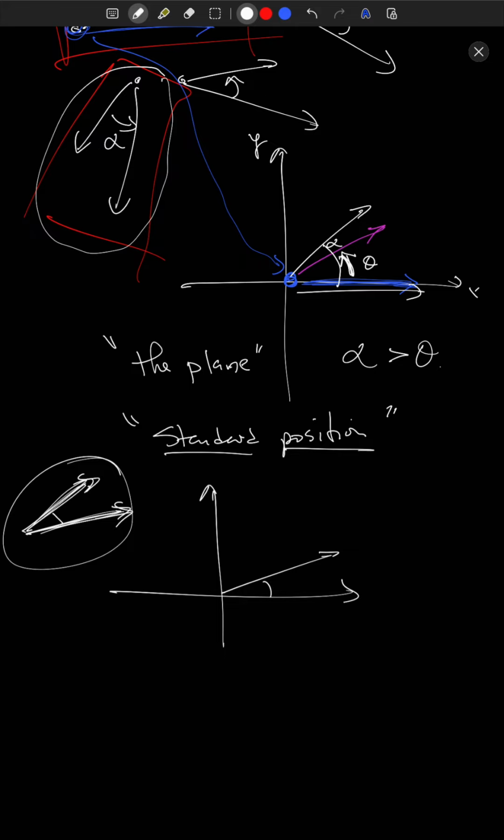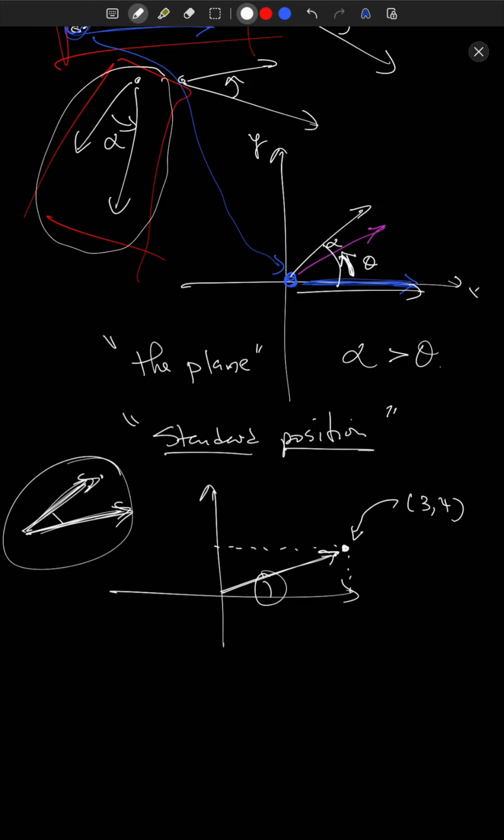But when I draw things in standard position, the x-axis is already there. I only have to draw the terminal side. In particular, I don't even really have to draw the terminal side. The endpoint of the terminal side determines my angle. So this point right there, the coordinates of that point, completely determines my angle. That will make it very easy for us to compute with angles, because if I know the coordinates here, then I can calculate exactly how big that angle is.